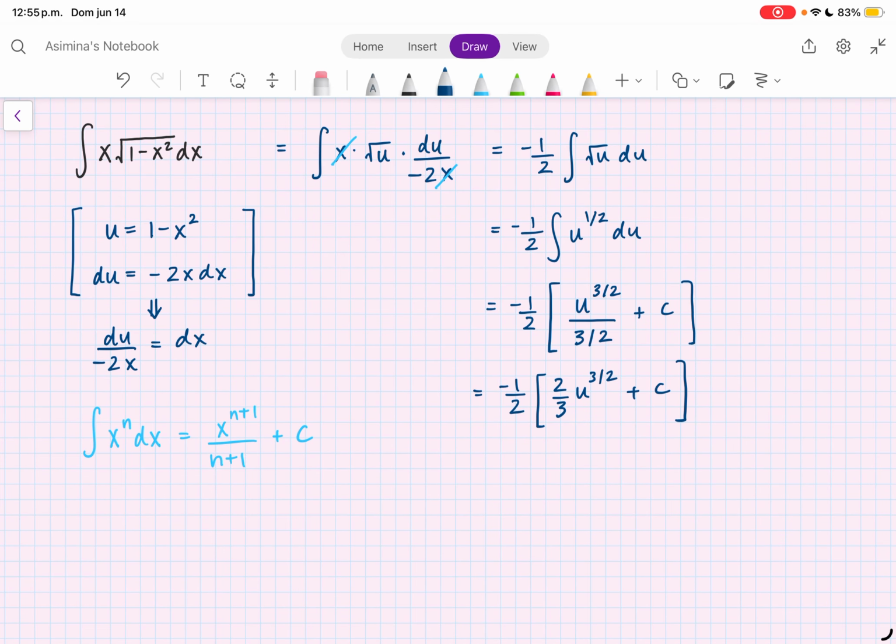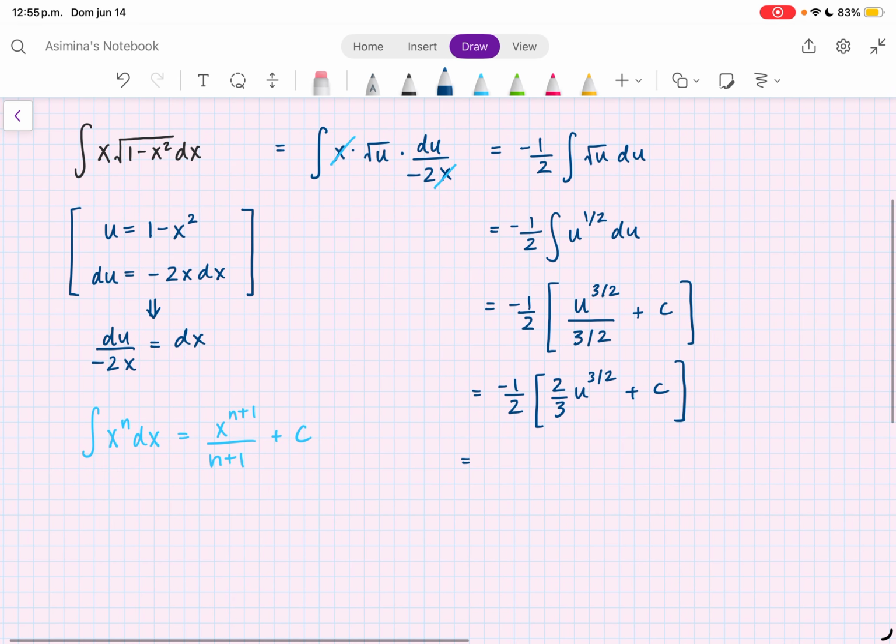I can distribute the minus 1/2, so these 2's are going to cancel out, and I'll have minus 1/3 u to the 3/2, and this plus c is just any arbitrary constant, so if we multiply by minus 1/2, this is still just some constant.